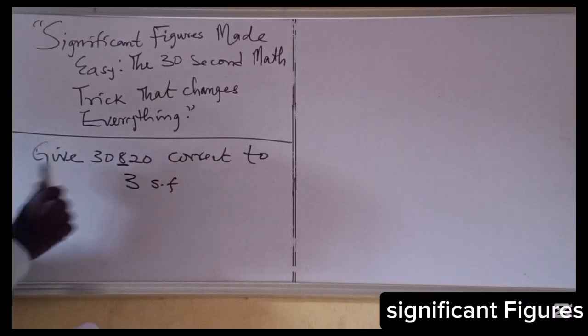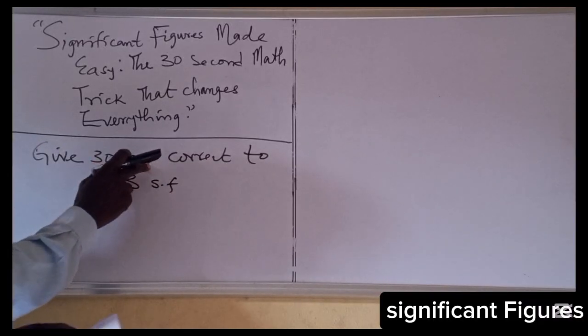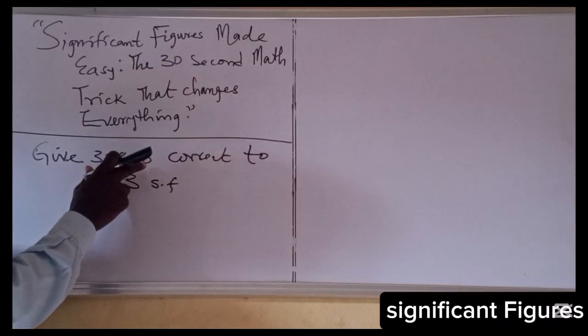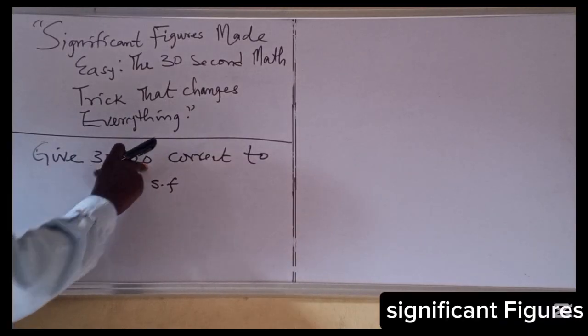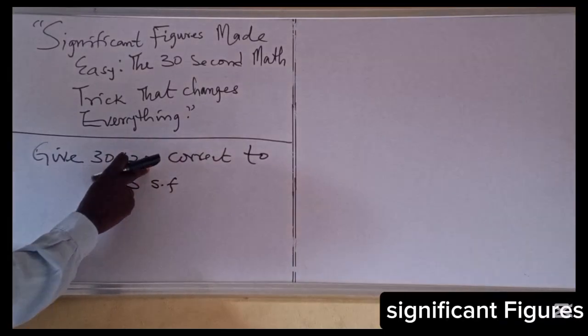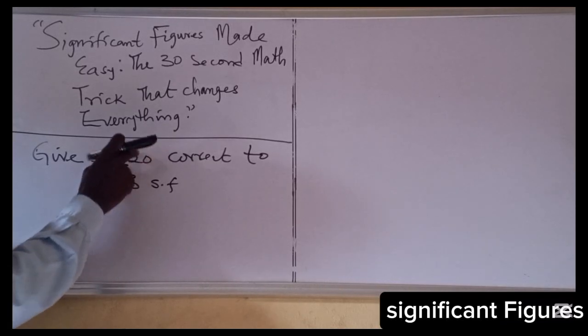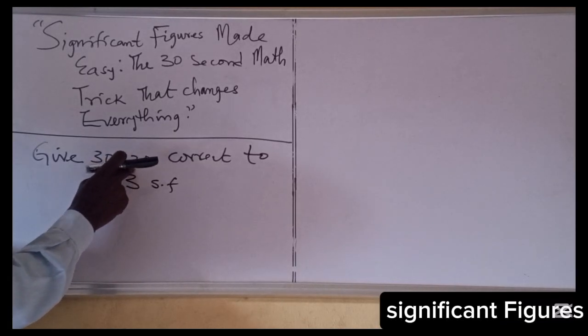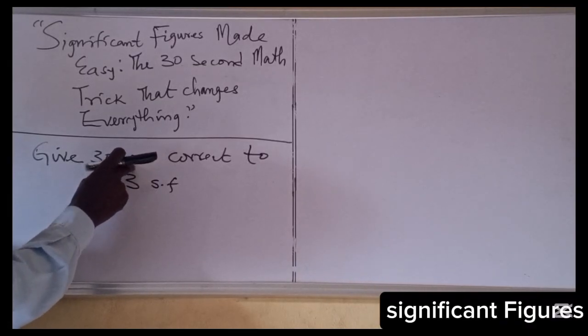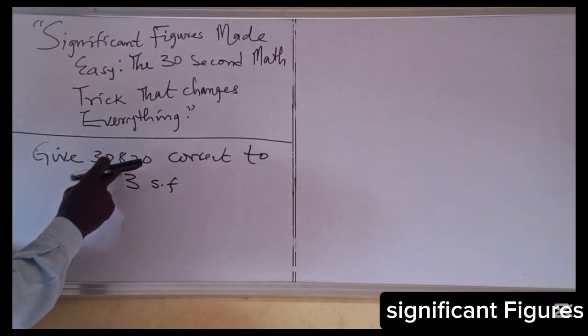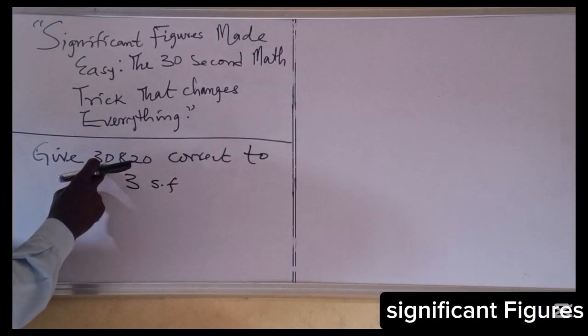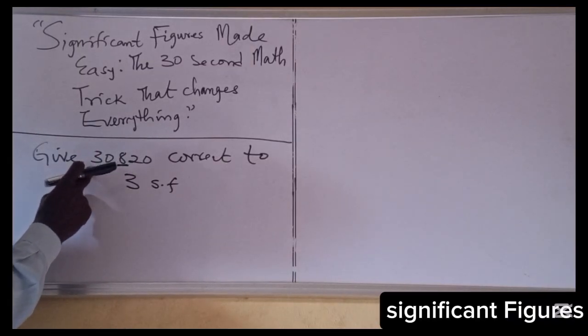What you need to do is this. Look at this from your right hand side. This first column is unit. This second column is 10. This third column is 100. This is 1000. This is 10,000.